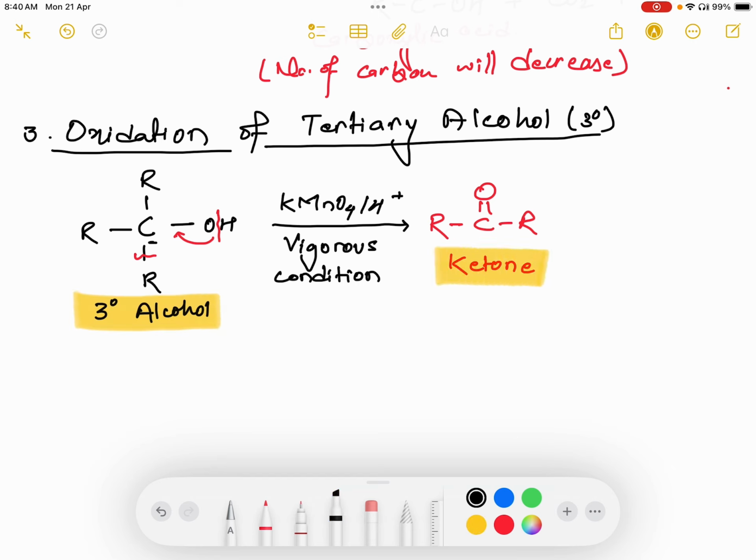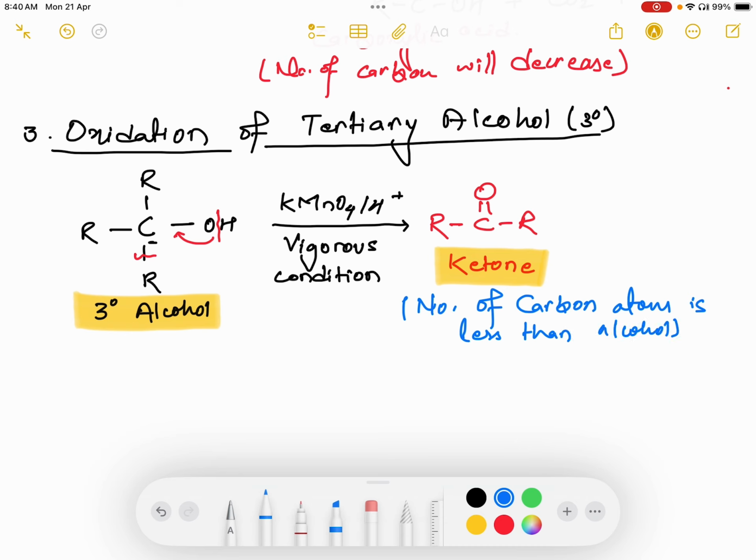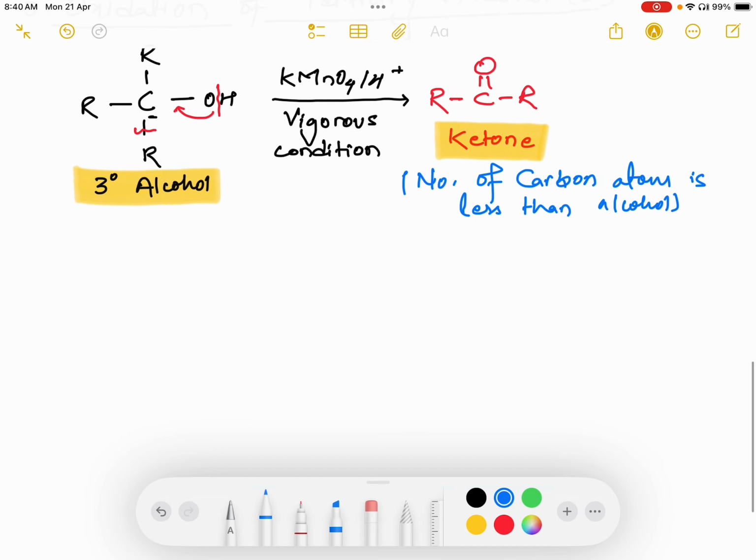But this time the number of carbon atoms is less than alcohol. Whatever is the number of carbon atoms in alcohol, the number of carbon atoms in ketone will comparatively be less.